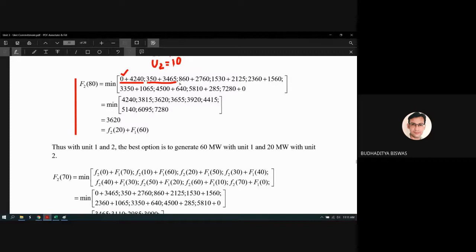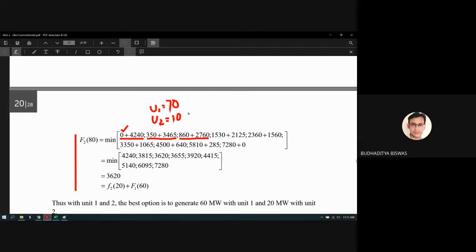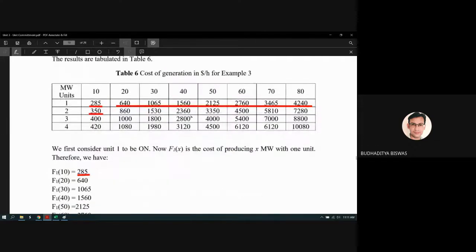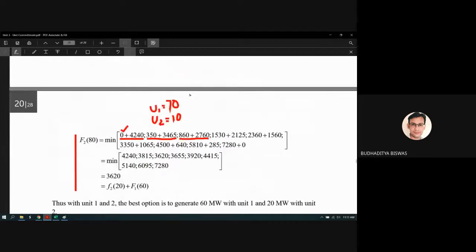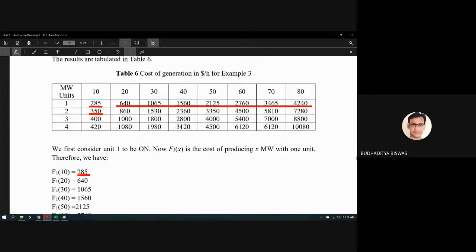Now come to the third one. How much will it be? Unit 1, 60. How much? 2760. And if unit 1 is 60, then unit 2 is obviously 20. Unit 2, 20: 860.